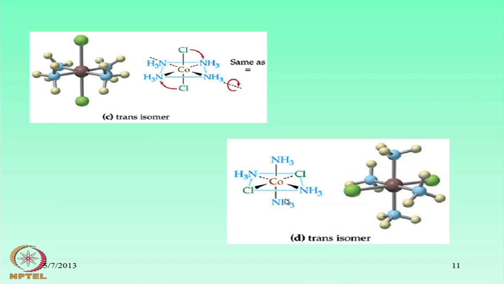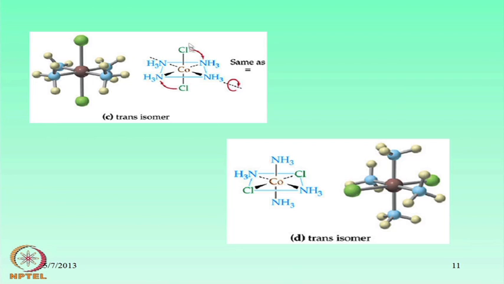But in case of the trans isomer, where the Cl-Co-Cl angle is 180 degrees, if we again rotate it through this axis, the N-Co-N axis, we get the other compound. That means when we rotate, this Cl will come over here and this Cl will come over there. So we have the Cl-Co-Cl as the trans isomer.